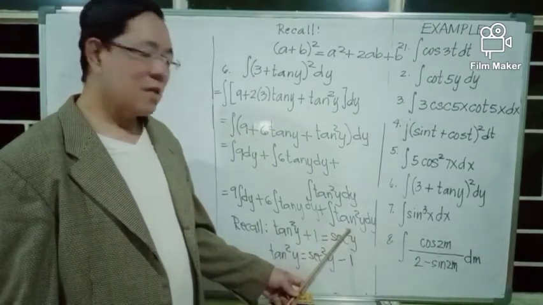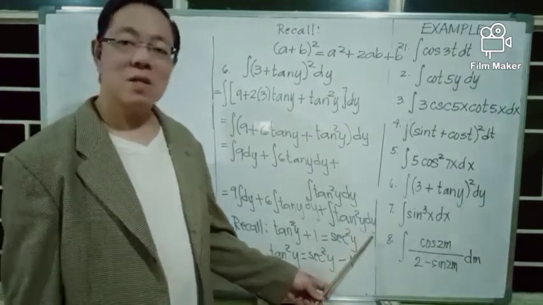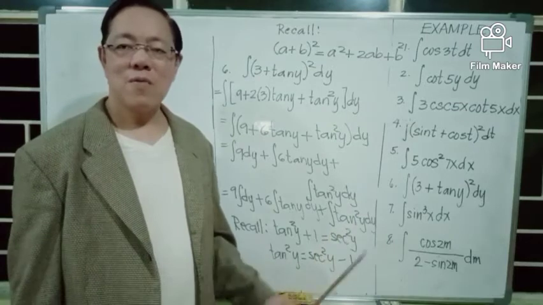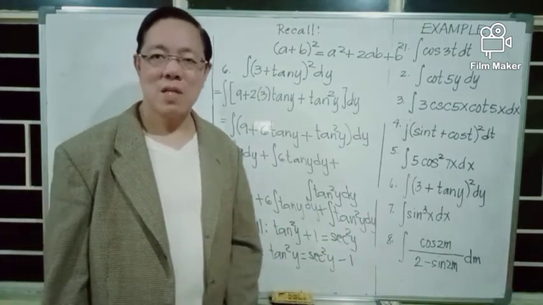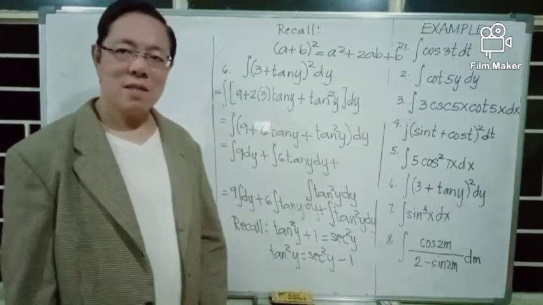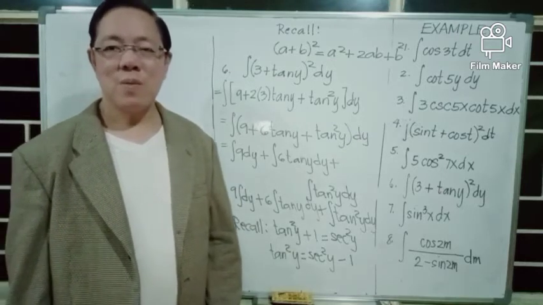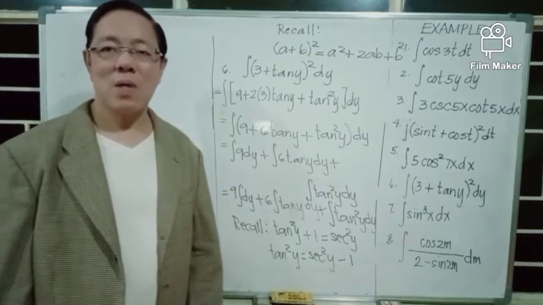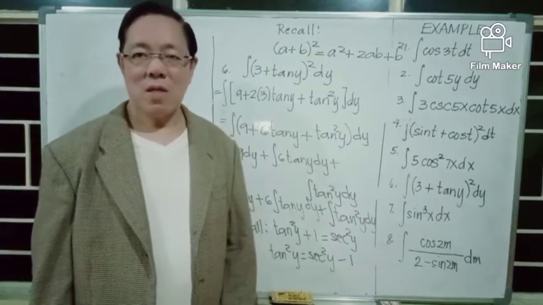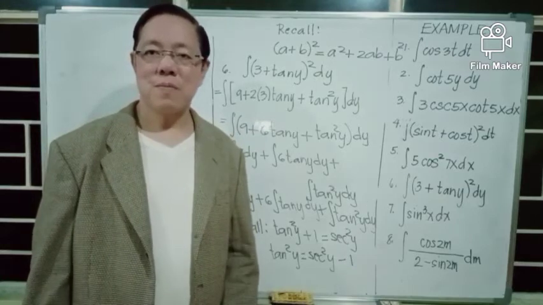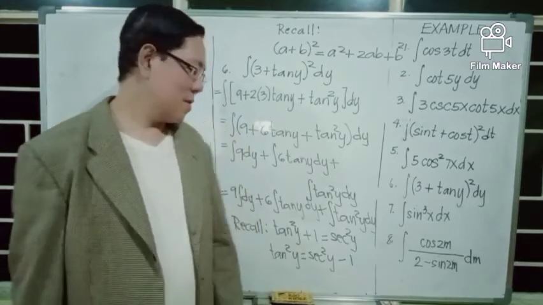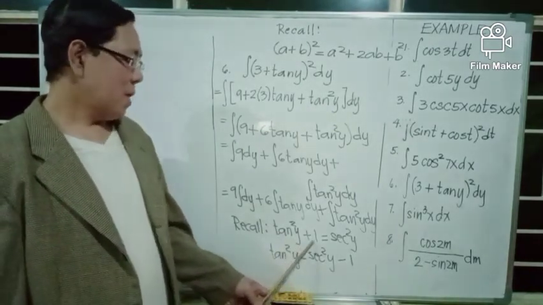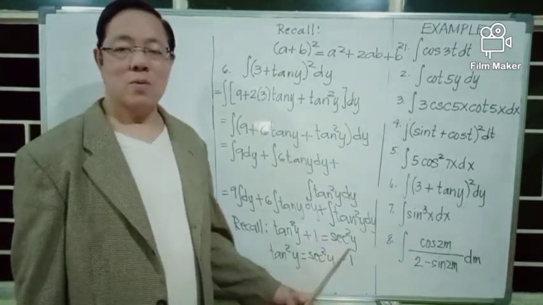However, the last integral of tangent squared y is not readily integrable, but we can write it in terms of an integral that can be integrated using a trigonometric identity. In particular, we make use of one of the Pythagorean identities that says the square of tangent plus 1 is equal to the square of secant. Here, the square of tangent y plus 1 equals the square of secant y.